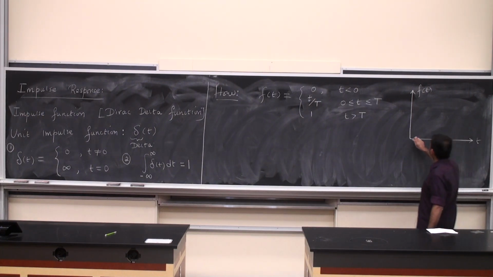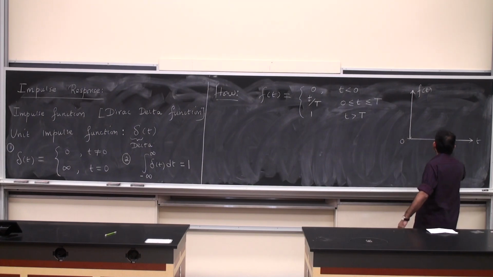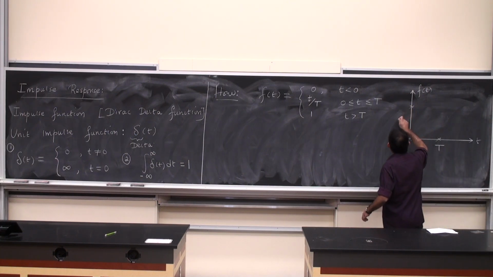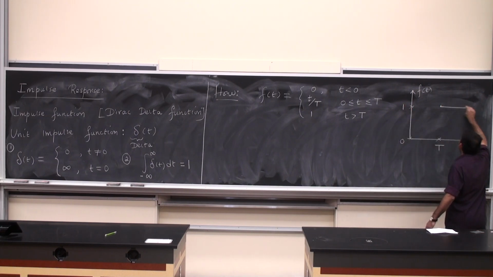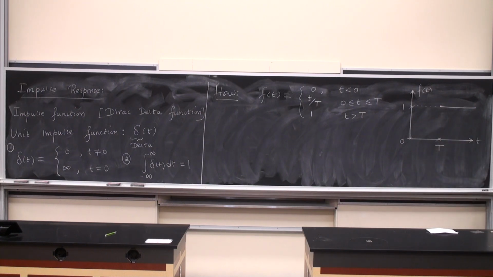Let's say this is 0. This is capital T, 3 seconds, 5 seconds, 0.2 nanoseconds, does not really matter. When time is greater than capital T, the magnitude of this function is equal to 1. So let's mark 1 here.